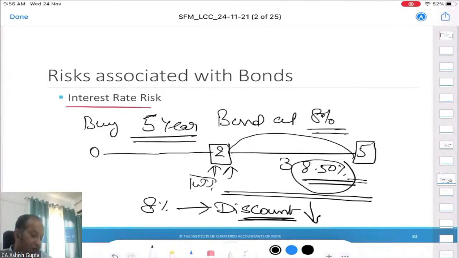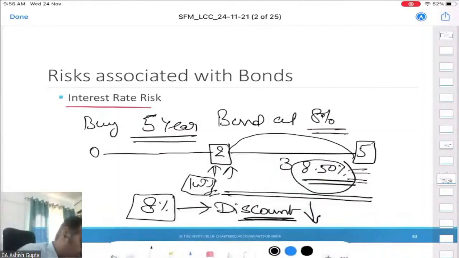As I showed you in the last class how to derive the value, I will not pay the full value for the same 8% coupon. Let me show you how much I would like to pay for this.